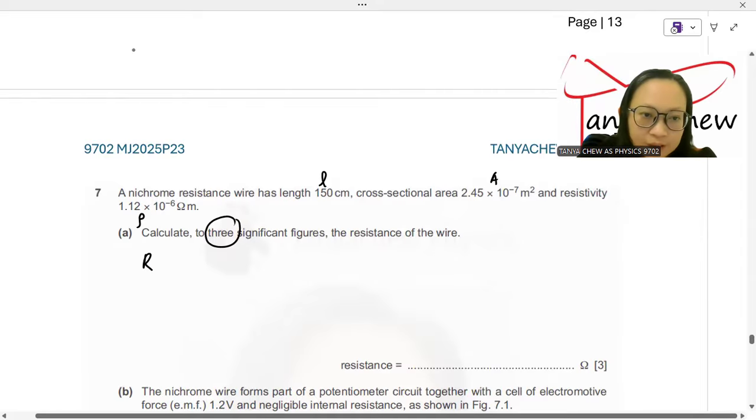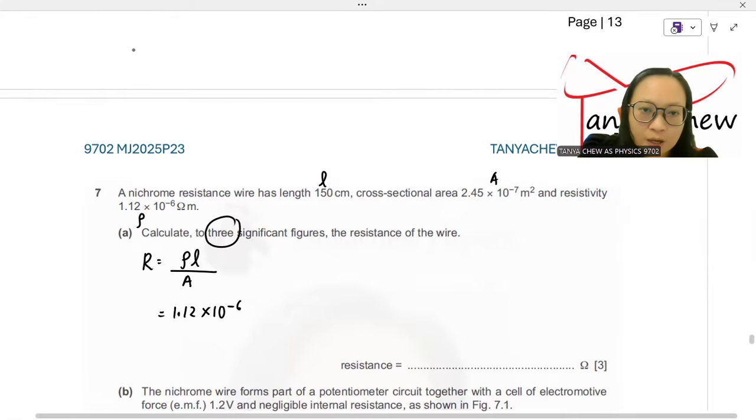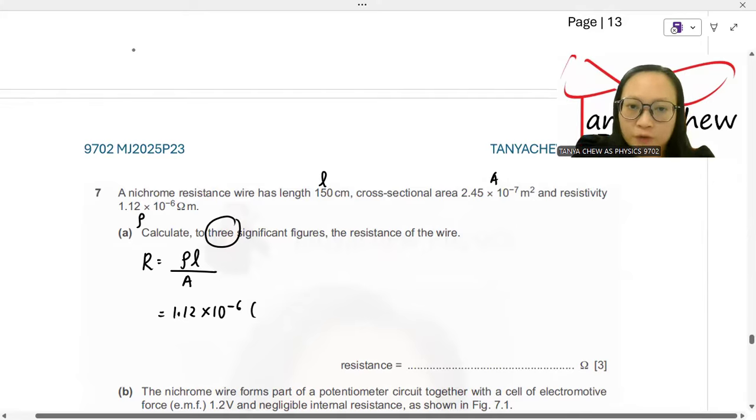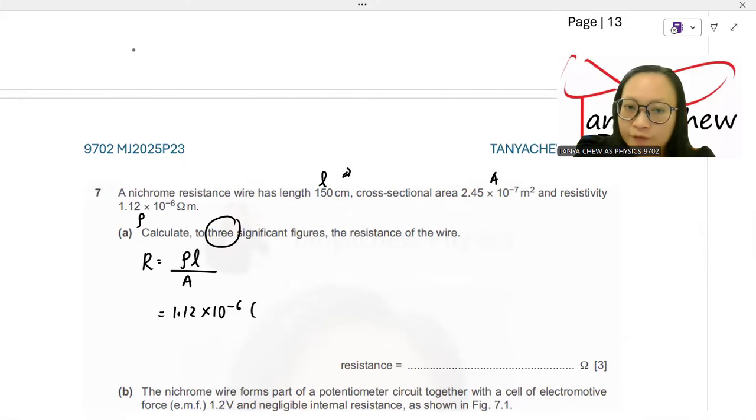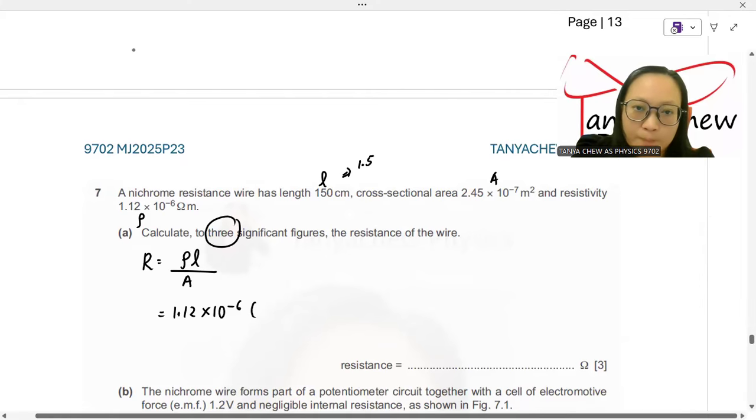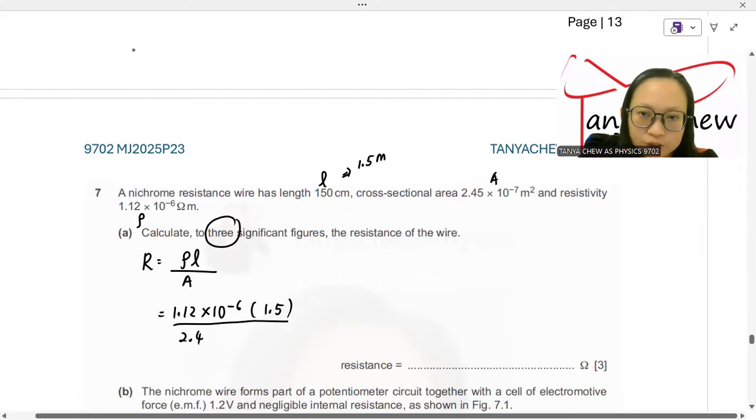So I would say resistance is resistivity times length divided by cross-sectional area. So resistivity is 1.12 times 10 to the power negative 6. Length is 150 cm. You have to convert to meter. So this is 150 divided by 100. So you shall get 1.5 meter. Make sure that this is in meter, and area is already in meter square. So you can just leave it.